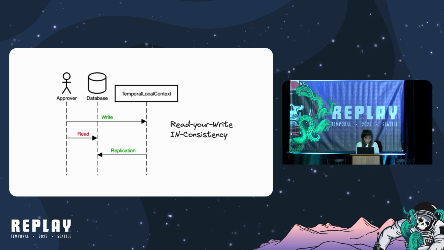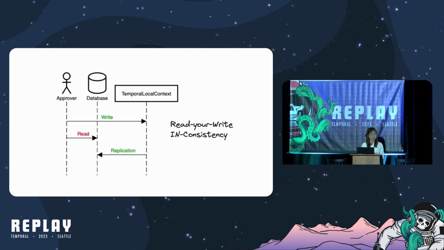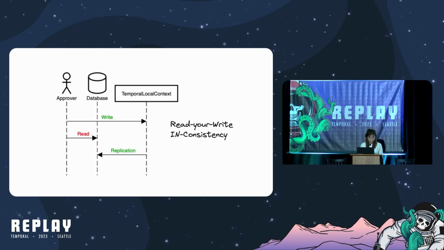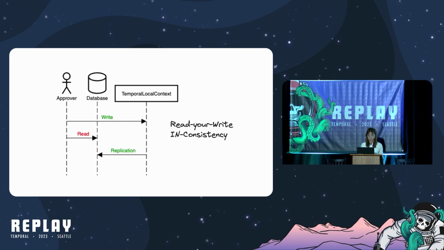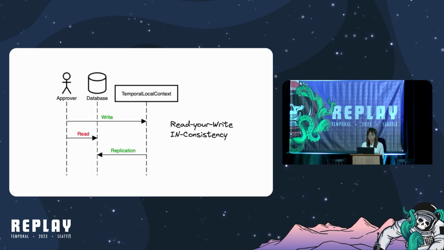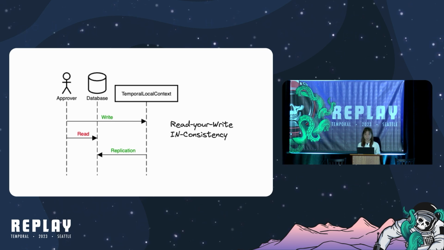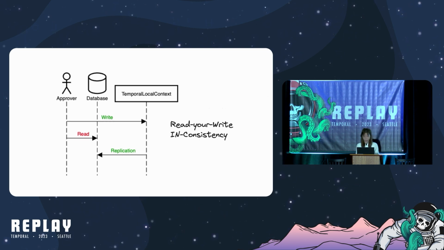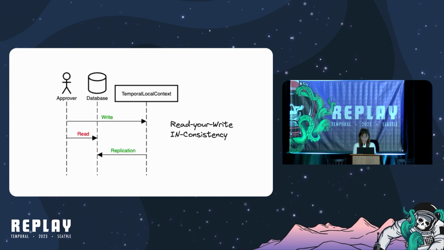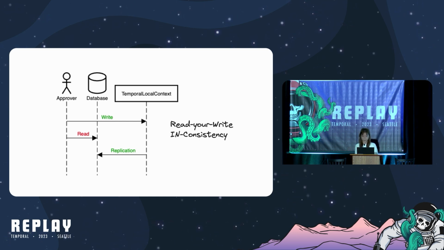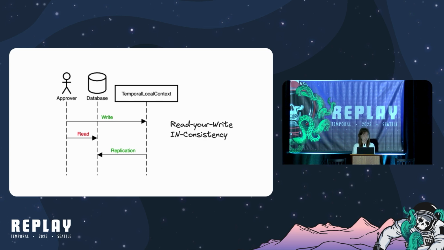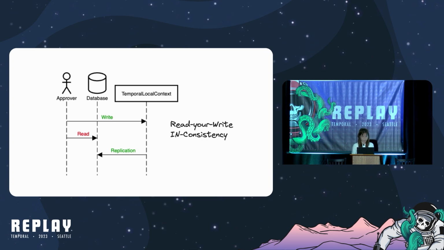Because we split our reads and writes to different data sources. When we update the status of the transfer, we update the local context of the workflows. But when we display the information, we query from the database. And we even have some activity here to replicate data from local context to the database in an asynchronous way.